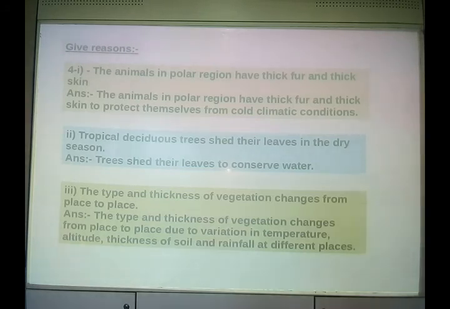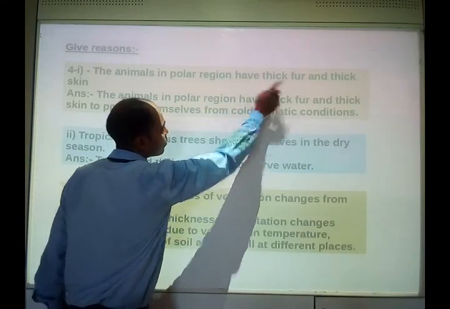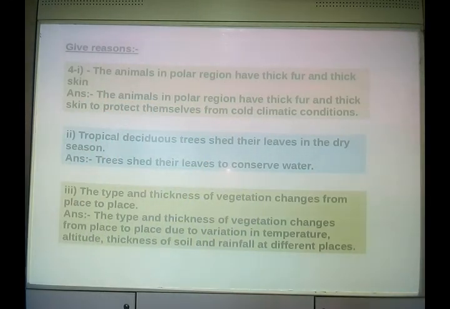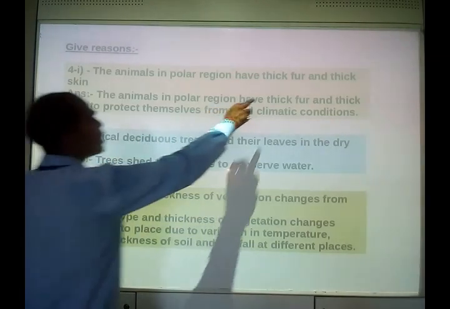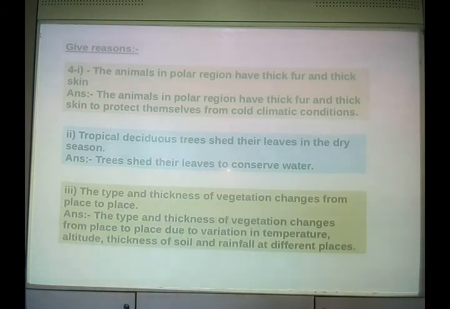The animals in polar region have thick fur and thick skin. Why? The animals who are living in polar region are living in a very cold climate. So they have thick fur and thick skin to protect themselves from cold climatic condition, okay.